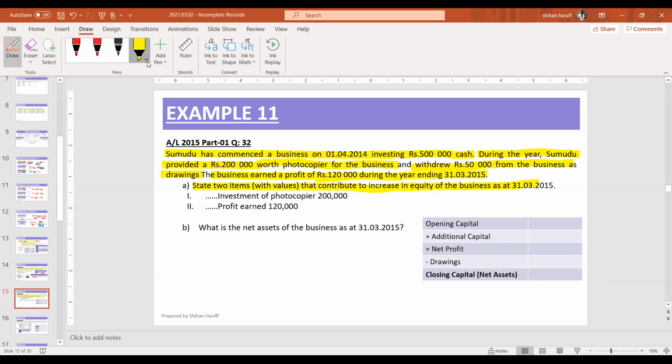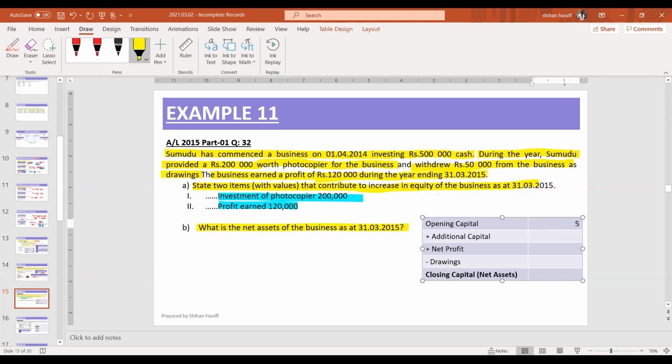Then the second question, what is the net asset of the business as at 31st March? So net asset will be calculated using this formula. Opening capital is 500,000. There is an additional capital provided, 200,000.